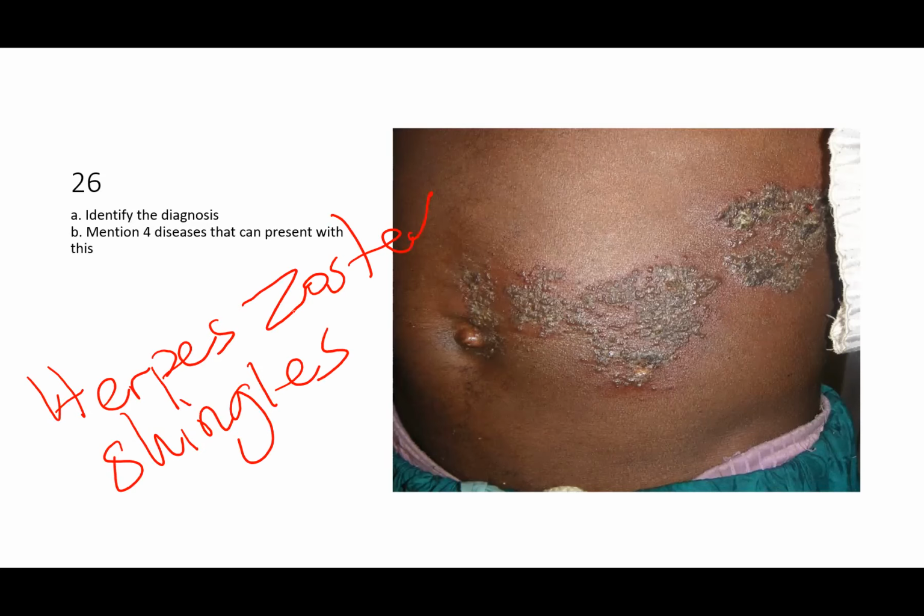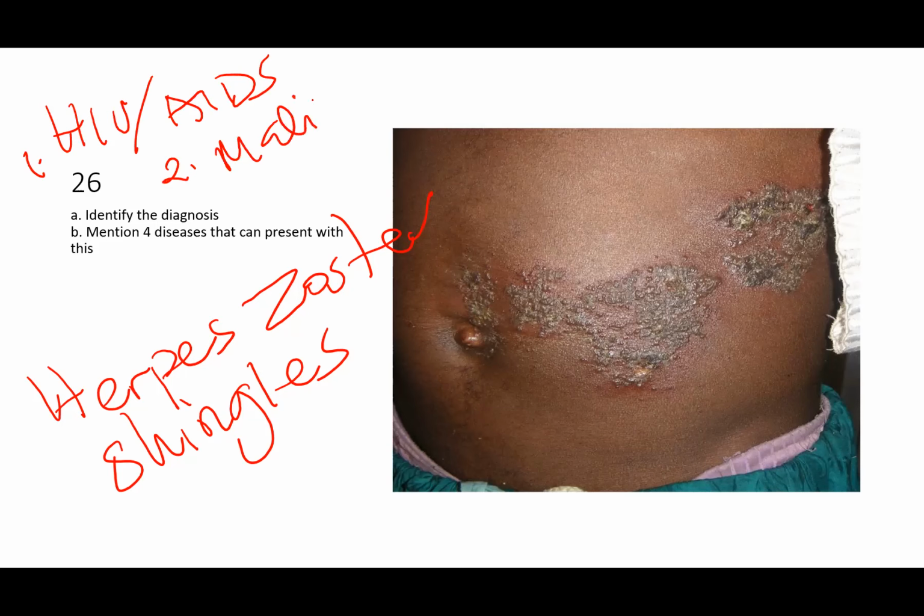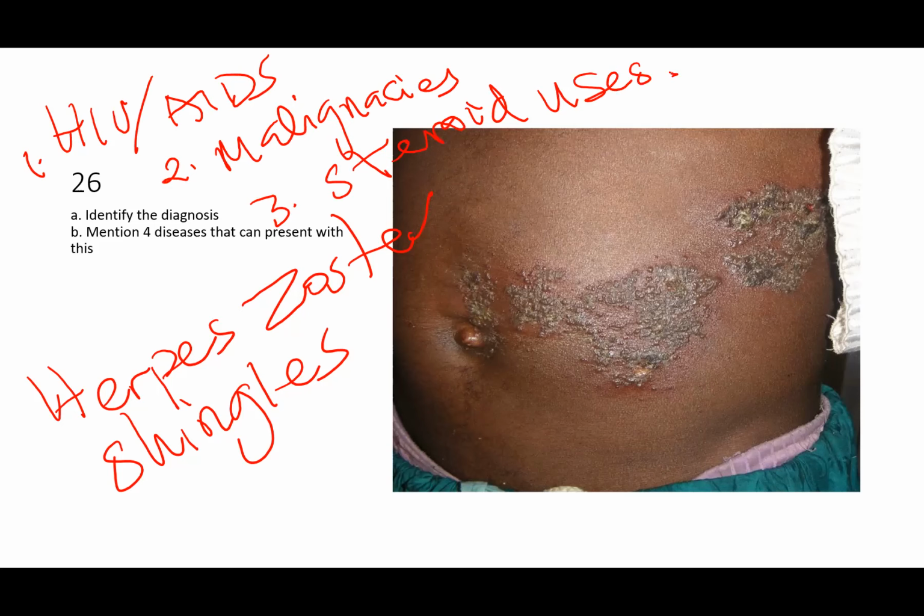Patients with HIV/AIDS can present with this because it's commonly seen in immunosuppressive conditions. HIV/AIDS, patients with malignancies, steroid users, causing immunosuppressive illnesses, malnutrition.